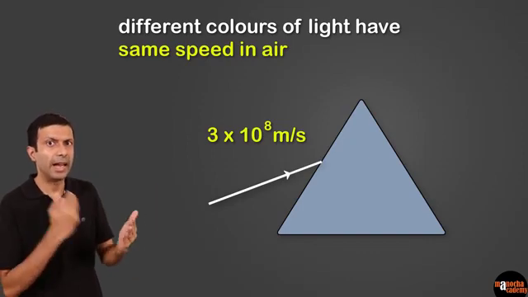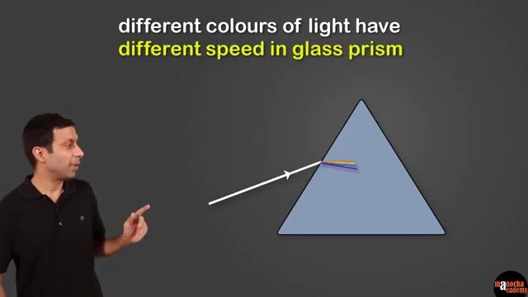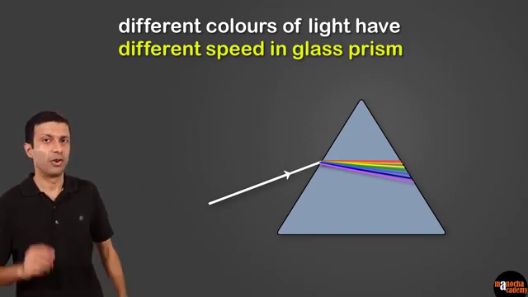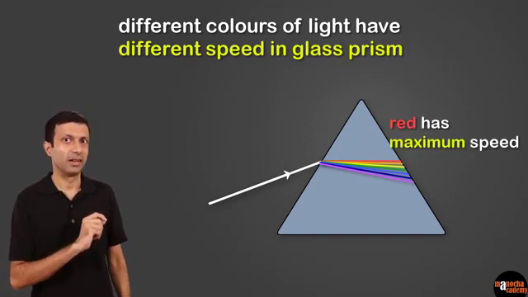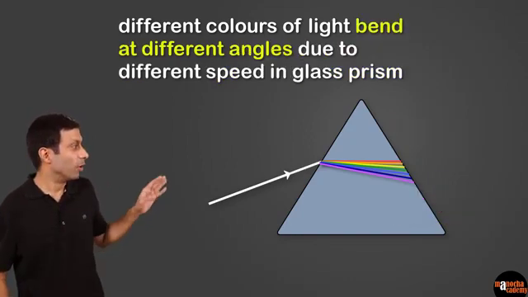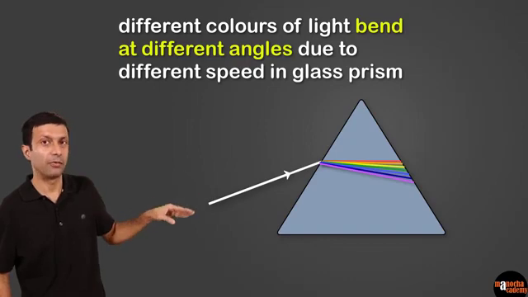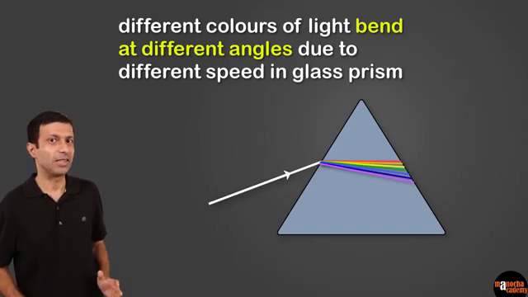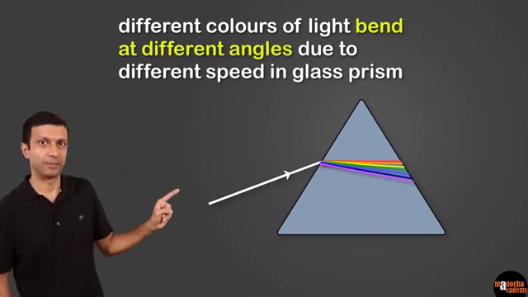But the moment they hit the glass prism, the speed of the different colors changes in the glass prism. Red has the maximum speed and violet has the minimum speed. So because of the change in speed of the different colors, they bend at different angles in the glass prism. So as you can see, they split there.